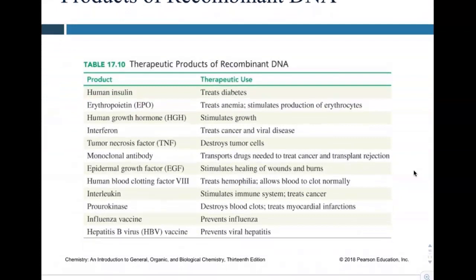But there are really great treatments using recombinant DNA. If you have a problem with your DNA, well, we can fix it. If you have a problem producing insulin, we can help you do that. We can use recombinant DNA to help with destroying tumors and with helping people who have hemophilia.